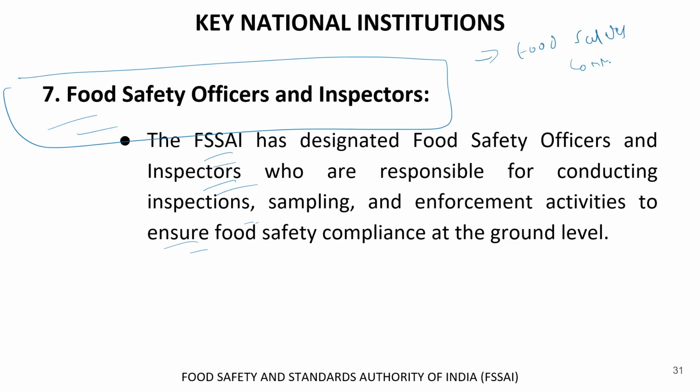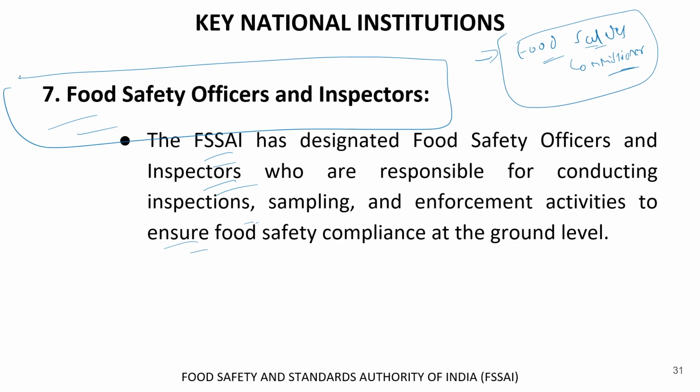Because the Food Safety Commissioner is a single person and it is not feasible for him to go to each and every place where food is being manufactured, processed, stored, and so on. He is not able to go to these sites and conduct inspection, sampling, and ensure enforcement of the rules and regulations as a single person.